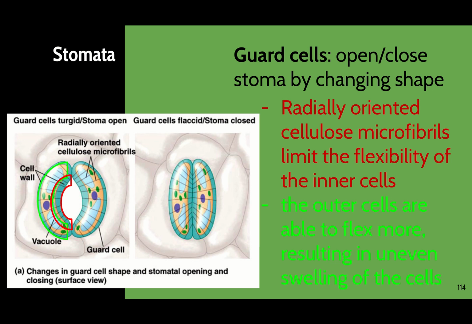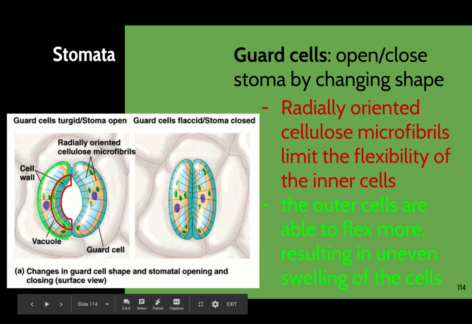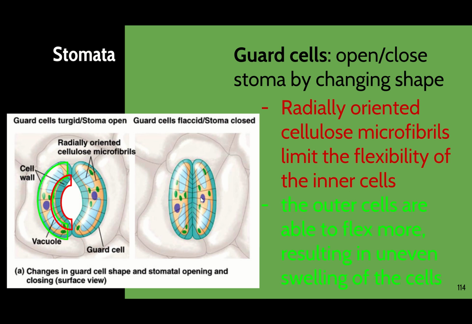So this results in an uneven swelling of the cells. And when the water releases and the stomata need to contract, these cellulose microfibrils don't have as much of an impact on the shape of the cell, and so they're going to close because they are not full with water. The radial orientation of the cellulose microfibrils isn't going to have as much of an impact on a closed stomata.